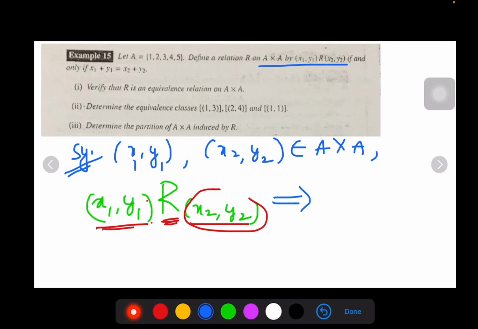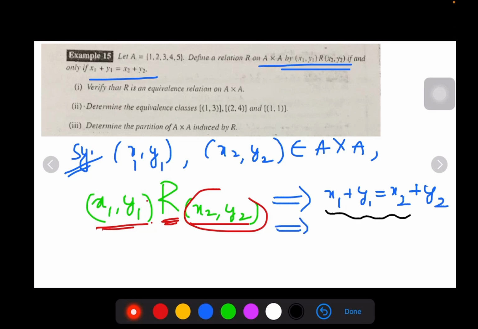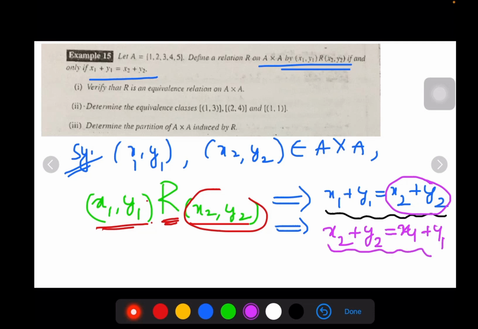From the definition, you can write x1 + y1 = x2 + y2. Now we have to simplify and reorder this to obtain our required result. I will swap the left-hand side and the right-hand side: x2 + y2 = x1 + y1. Now, any elements which are equal, I should be able to write in this template.